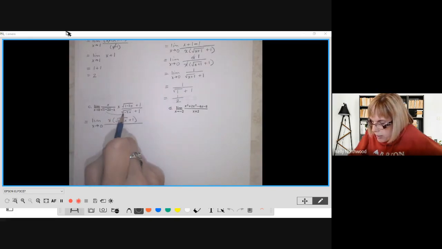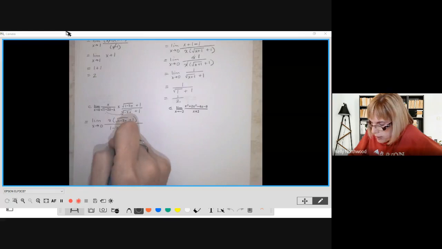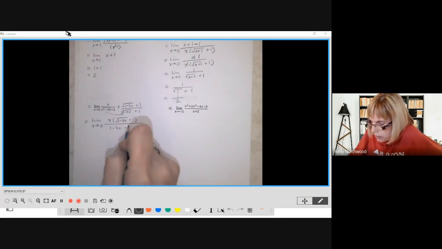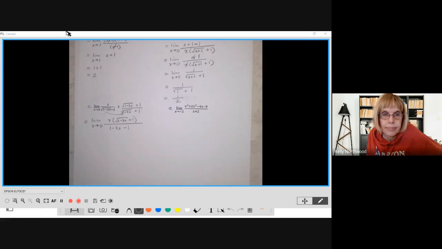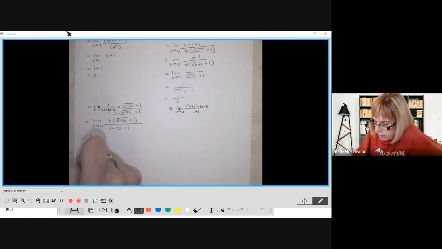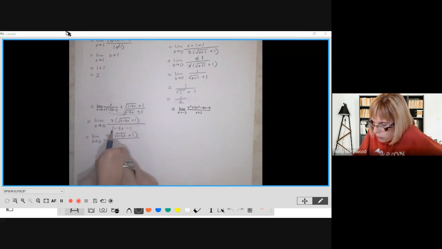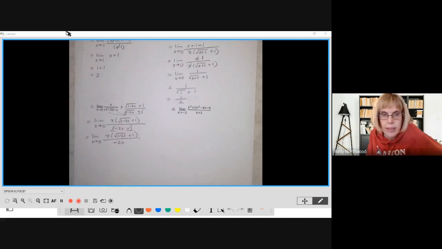so if I multiply these two together, I get 1 minus 2x. And then the last two terms together, because the middle ones are going to cancel, minus 1. So we've got x times the root of 1 minus 2x plus 1 over, so I've got 1 minus 1, 0 pair, so I'm left with negative 2x in the denominator.